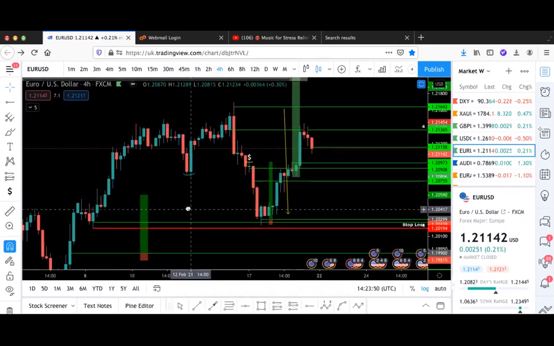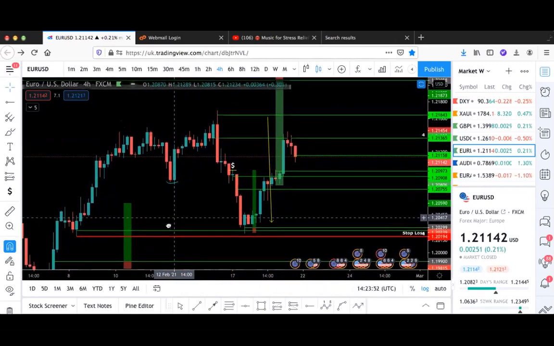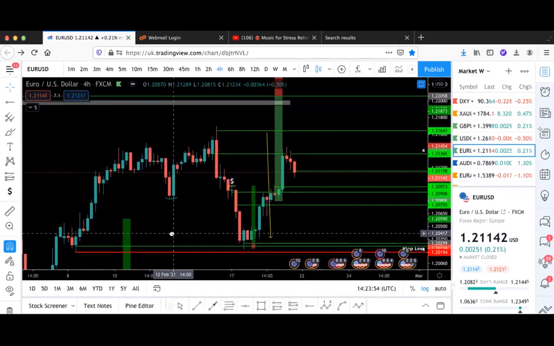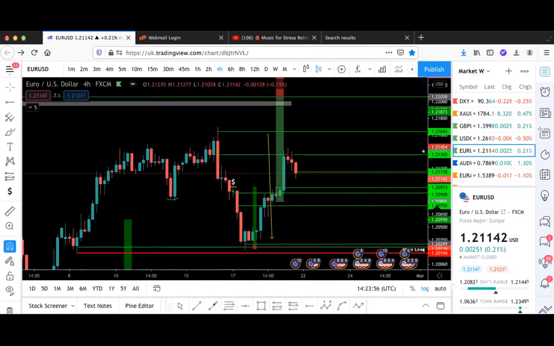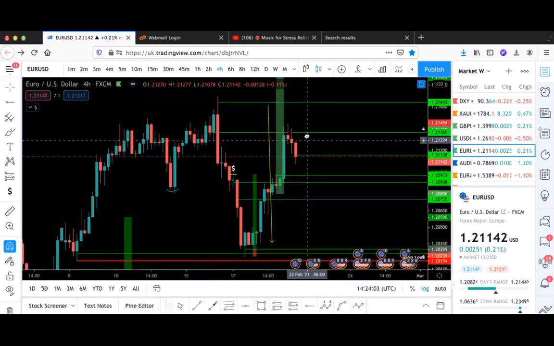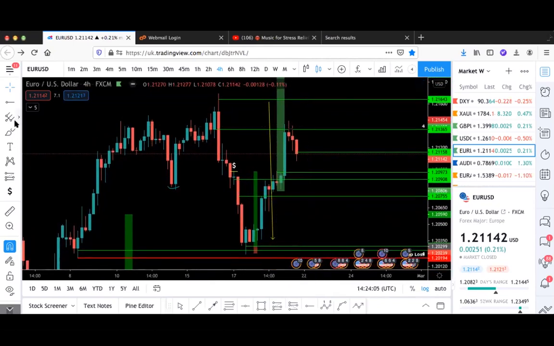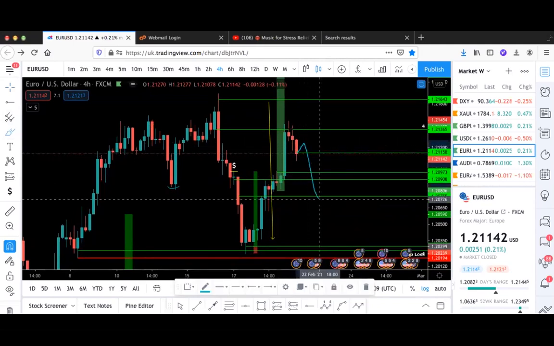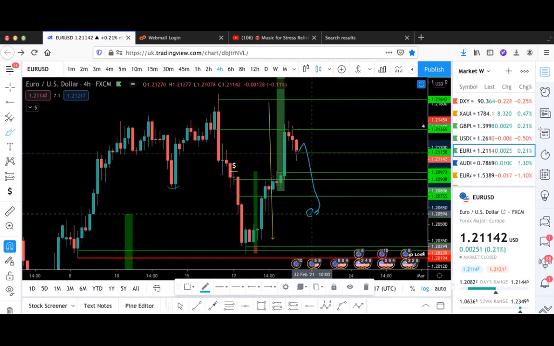So what could I possibly anticipate? This is the move which happened last Friday, guys. I think the next move, I'm anticipating price to drop towards this price area, this level.